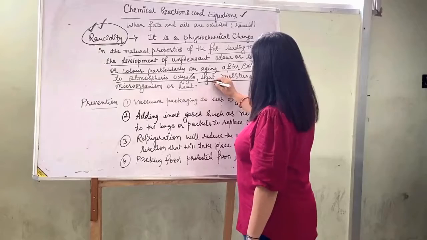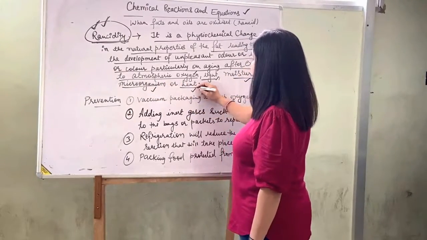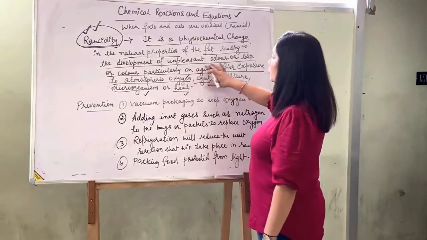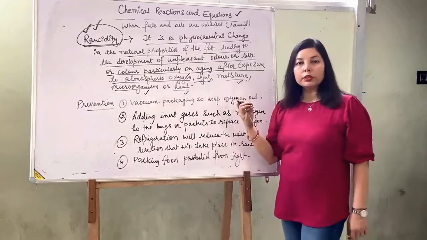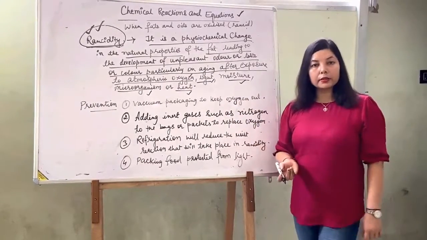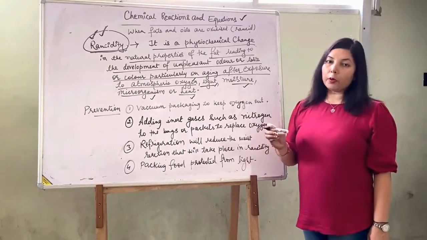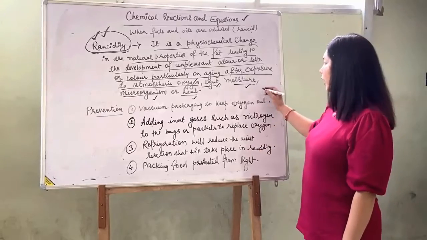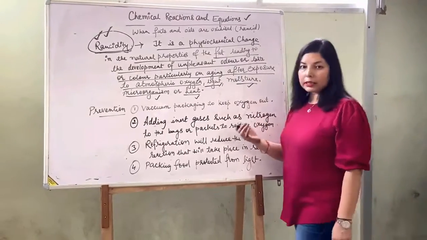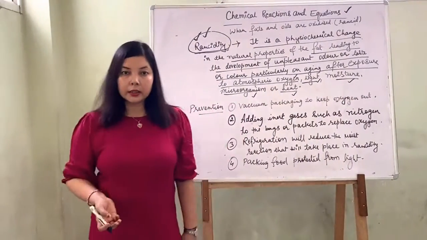Atmospheric oxygen, light, moisture, microorganisms and heat. When the fat containing substances are exposed to these factors, then they lose their natural property, they lose their natural characteristic, and they become changed. Their odor becomes changed, their property becomes changed, and we say that the substances have become rancid. So rancid substances are not good to eat, they are unhealthy.